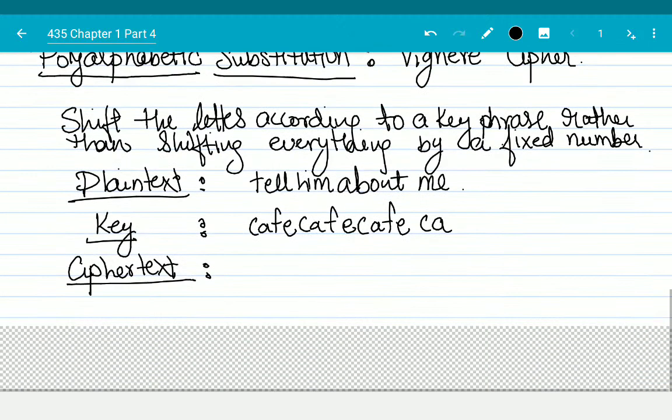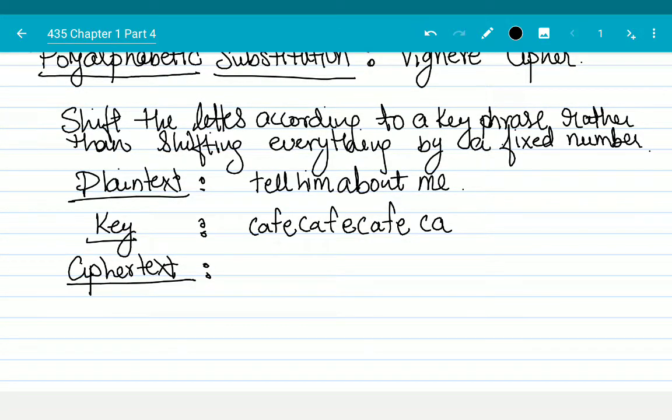Well, let us see. My ciphertext becomes: T gets moved by 2 letters, so three letters: T, U, V, W. E gets moved by 1 letter, right?